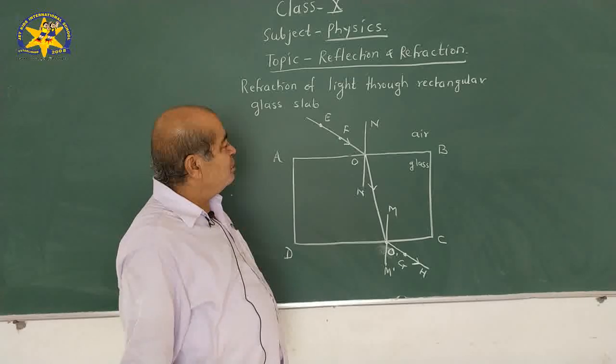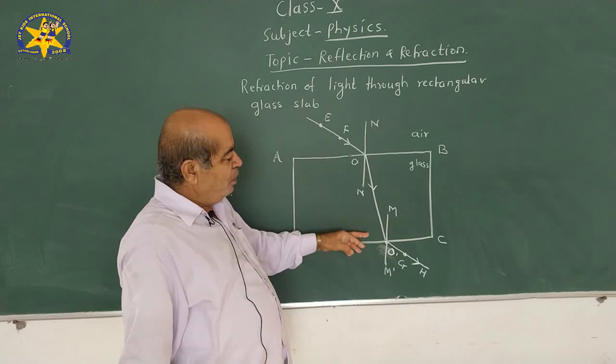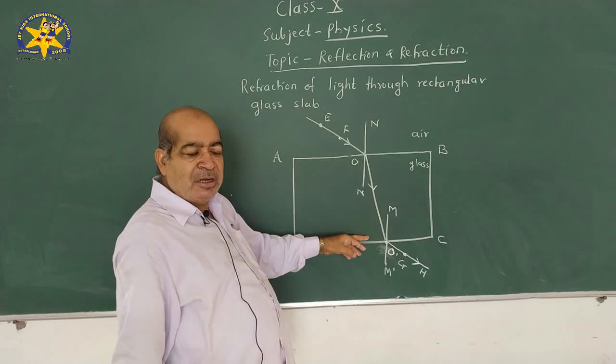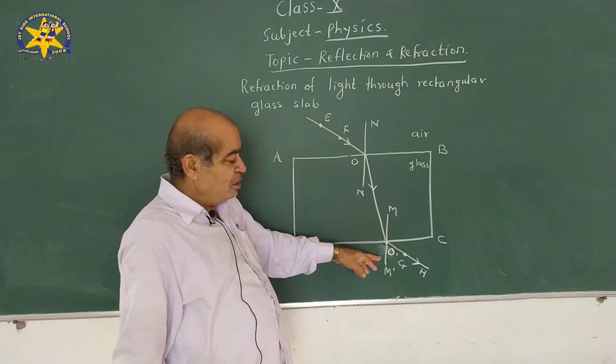In the diagram we show EO is the incident ray, OO dash is the refracted ray, O dash H is the emergent ray.